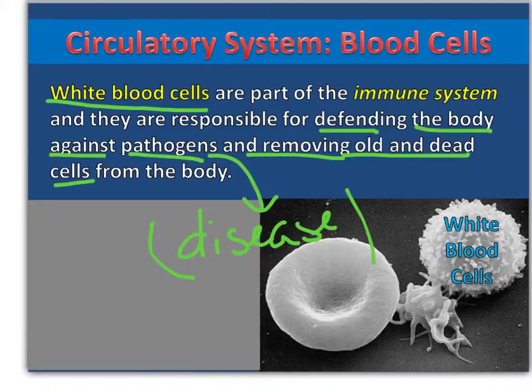Okay, and your last gray box says white blood cells show the interaction of the circulatory system and what other system, and that answers your immune system. It works with your immune system.